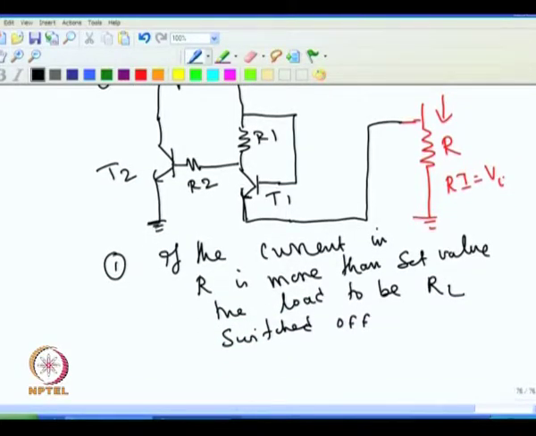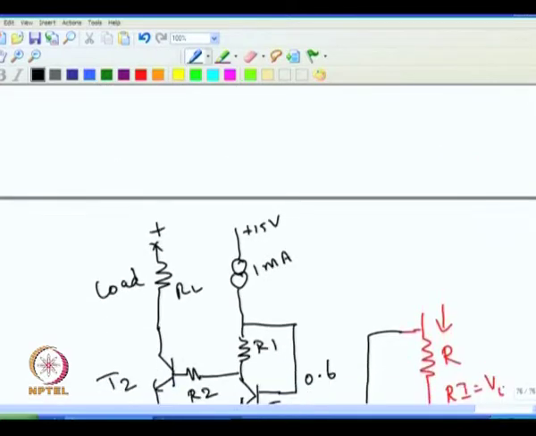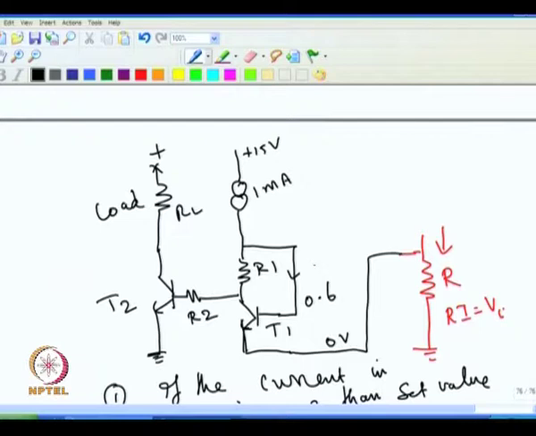Now, we see how the transistor is working. Start with, for example, if this is 0 volt, then this will be at 0.6 volt. Assume that the base current is negligible. Then the entire current that is coming here goes through the resistance R1.